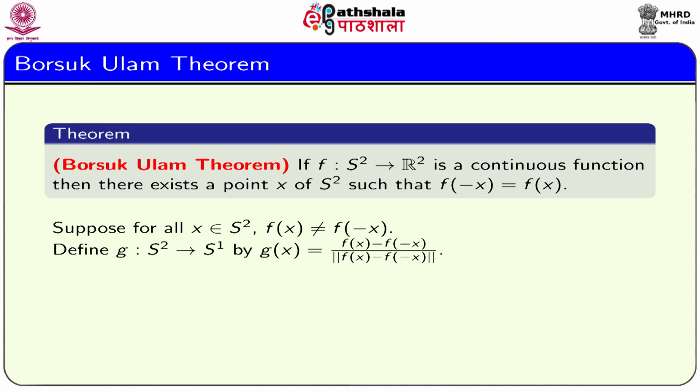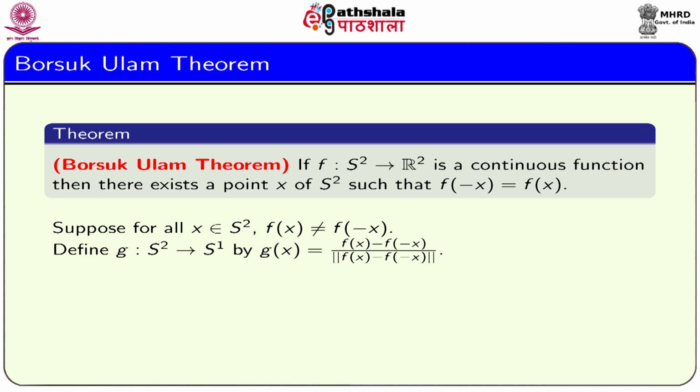Finally, we state the Borsuk-Ulam theorem. It says that if f is a continuous function from S2 to R2, then there exists a point x on S2 such that f of minus x is equal to f of x. If possible, suppose for all x belonging to S2, fx is different from f of minus x.